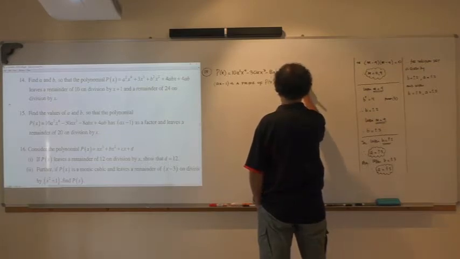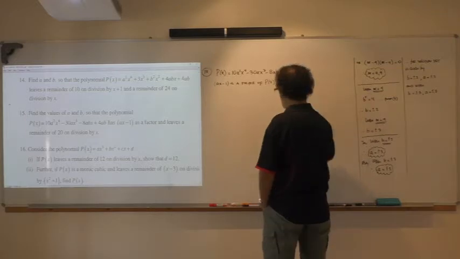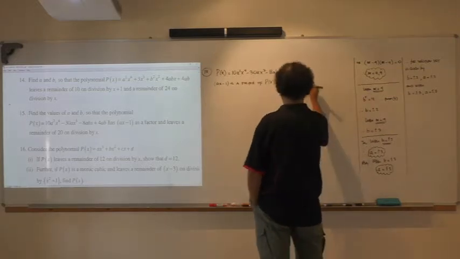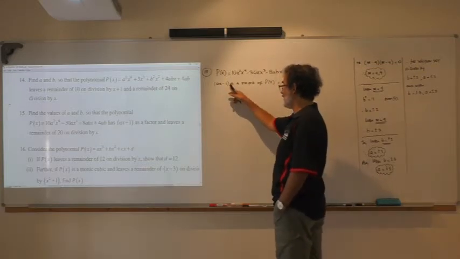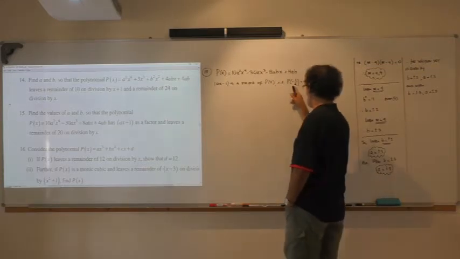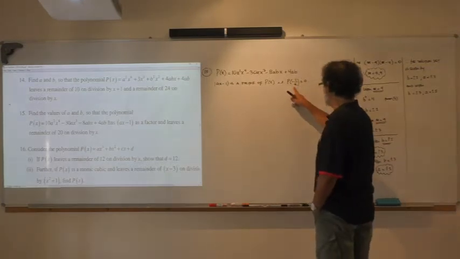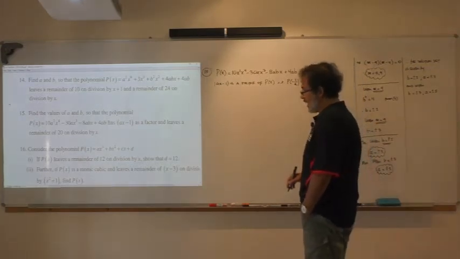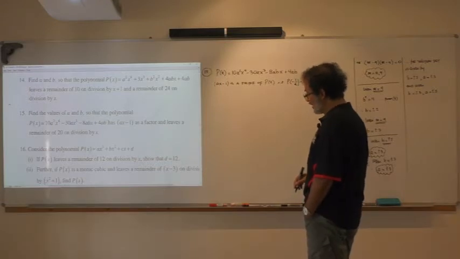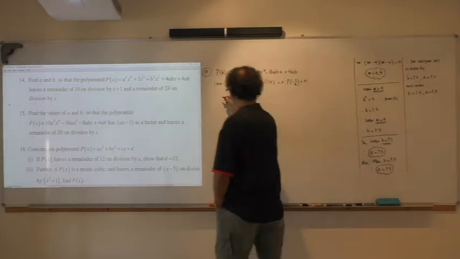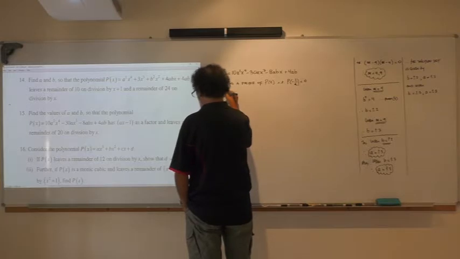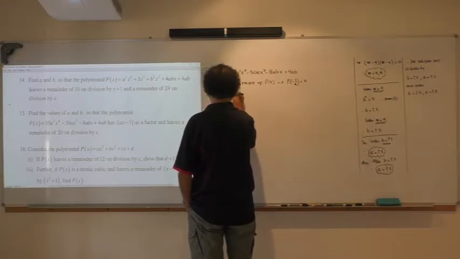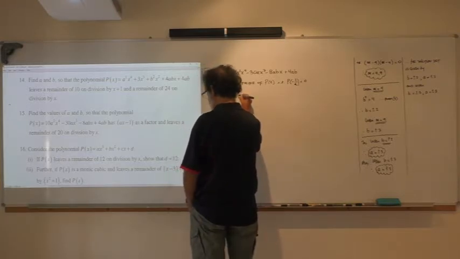Okay, so in here we put 1 on a is equal to 0 because this is a factor, and we know that when things like this is a factor, then we can say that is equal to 0. Okay, and then also they say that it leaves a remainder of 20 when you divide by x minus 0. Also p of 0 is equal to 20.